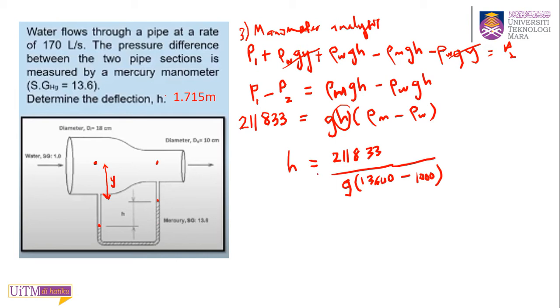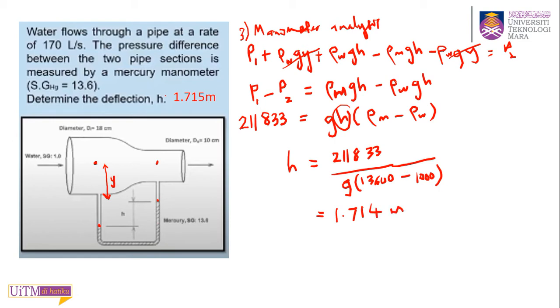Can someone calculate whether it's the same as 1.715? Is it the same? Did you get 1.715 or 1.7 something? I got 1.714. Okay, that means it is the same, it's correct.